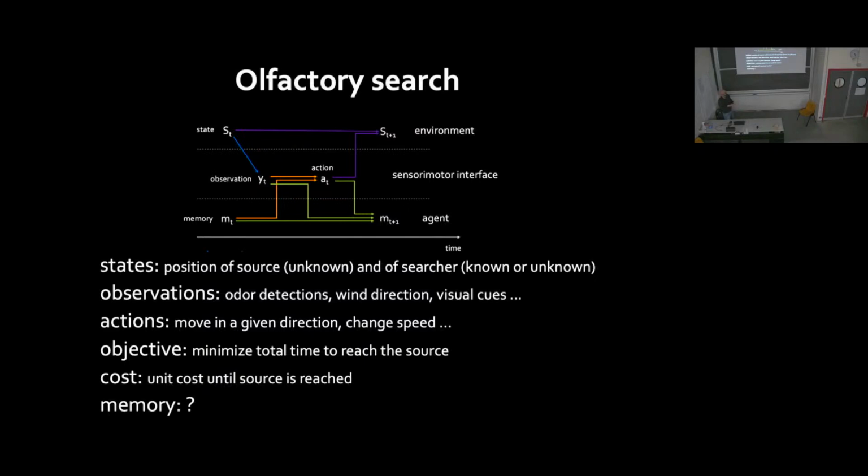What is the memory? So this is sort of the beginning of the interesting part, because you could frame this problem with very different memory structures, and some of them have their merits and their disadvantages. And so before going to the final part, where I will try to advocate for one specific approach to memory in these control tasks, we will try to review different approaches that were very popular and used in the past and still are in the language of these partially observable Markov decision processes.